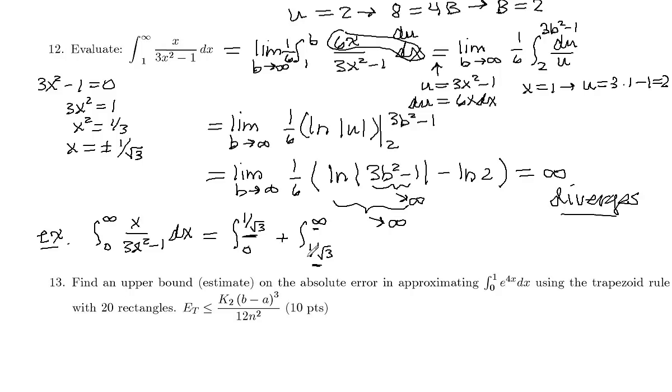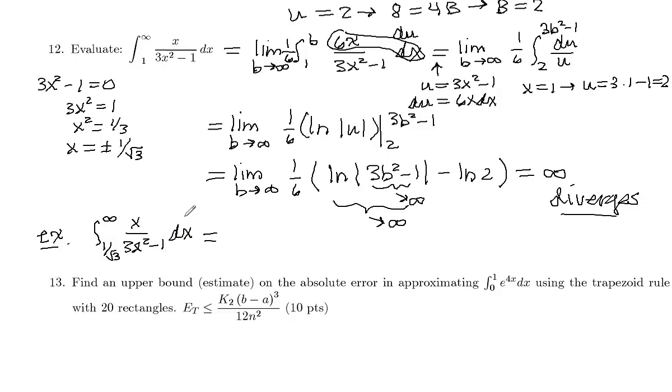So I probably wouldn't do that, but actually I could, I might do something like this. Let's back it up. Let me change my example here a little bit. I could do, for example, instead of 0 to infinity, I could do from 1 over root 3 to infinity, where it's improper at this end because of the 0 for the denominator, and it's improper here because of the infinitely long interval.